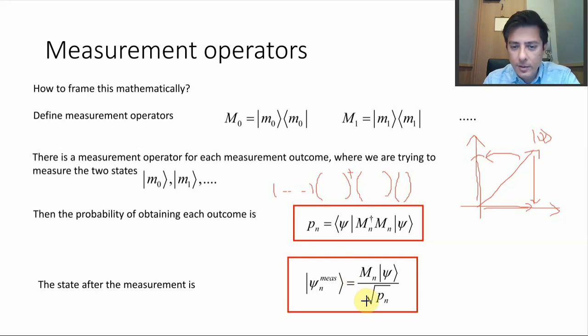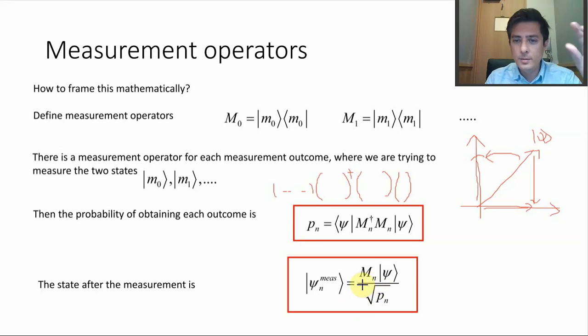The state after the measurement is actually given by this quantity. It's basically equal to the state that you are trying to measure, the original state that you're starting with, multiplied by the measurement operator, and that's basically the new state.